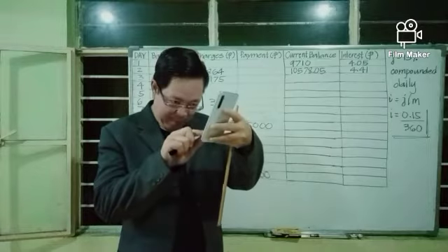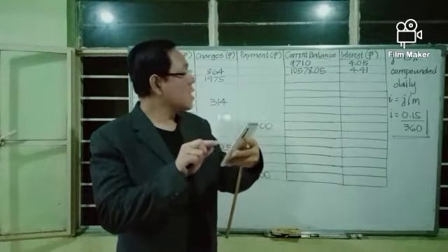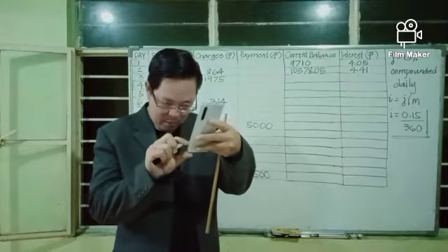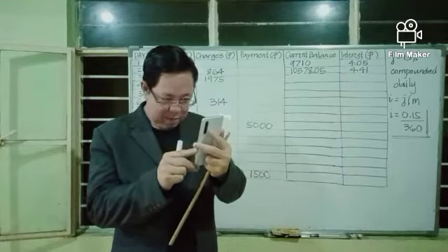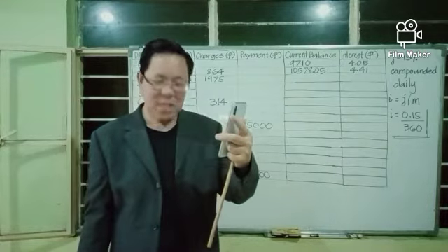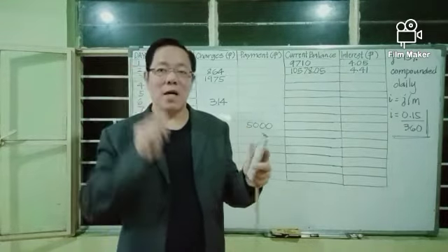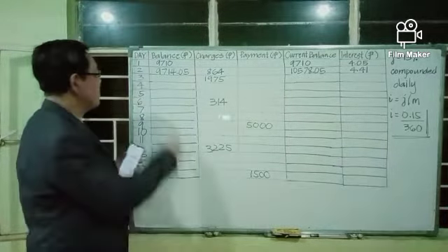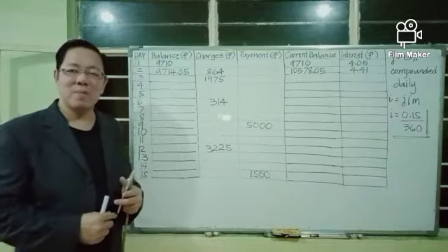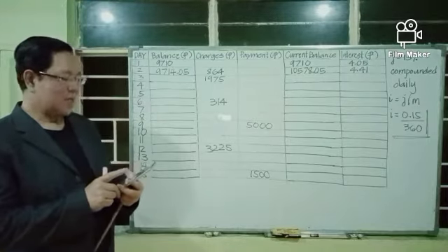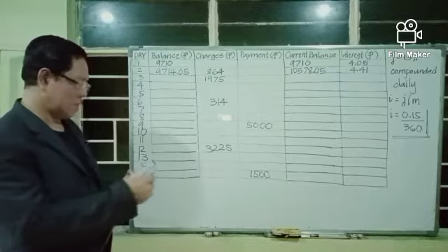The sum is 10,582.46, and this sum would be the balance at the beginning of the third day of November, or November 3.